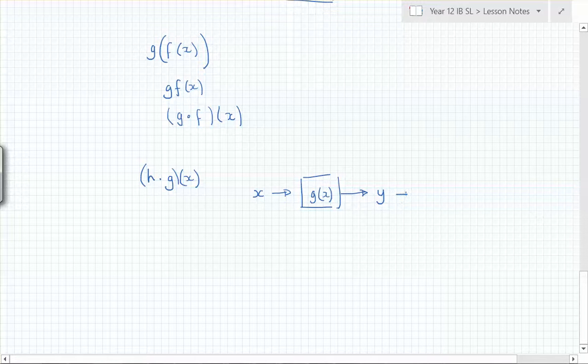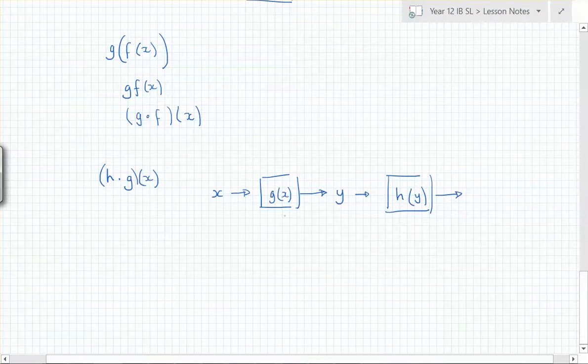And then I have to apply h. And I would do h of y, in this case. Right? Now at the end, there would be no y, right, if I wrote it, because that is where I would do h of g of x, because we look at what the initial thing I put in was. Right? The midpoint y doesn't become involved.